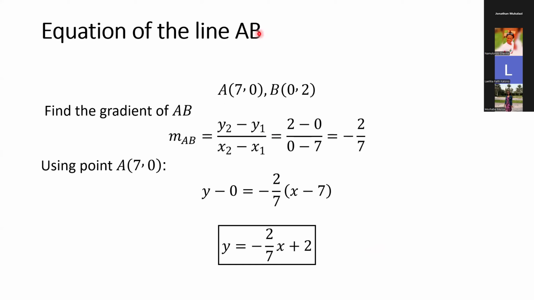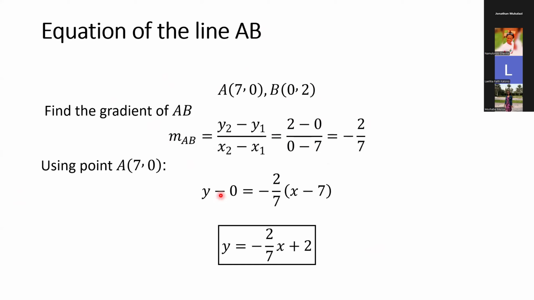So the points we have are A (7, 0) and B (0, 2). We start by finding the gradient using this formula here. So we have 2 minus 0 over 0 minus 7, so we have negative 2 out of 7 as our gradient for line AB. Using that, we are going to find the equation of the line.